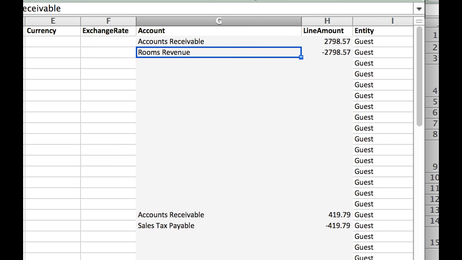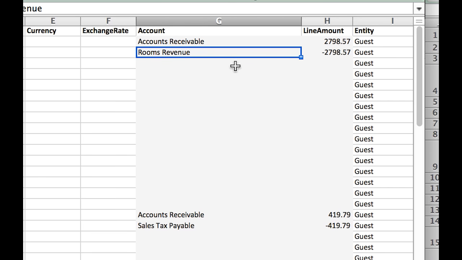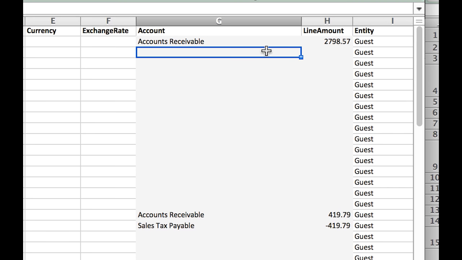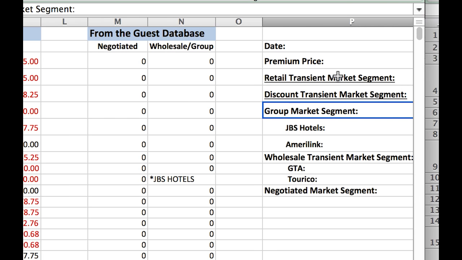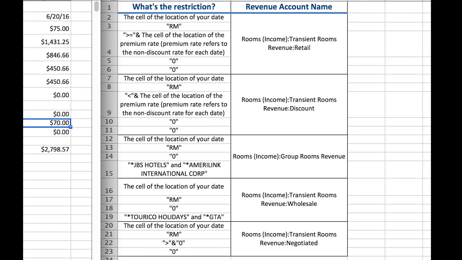That is only the revenue earned for the day, but we want to break it down by different market segments. So we go into the calculated revenue that we did with the different sum formulas, and we also have the different revenue account names in the cheat sheets.